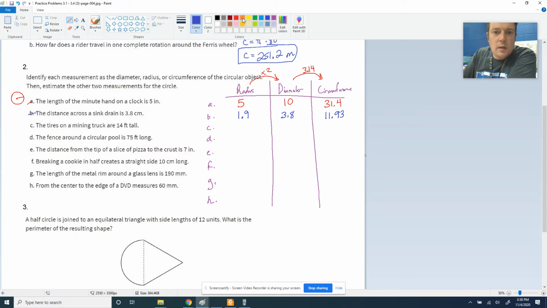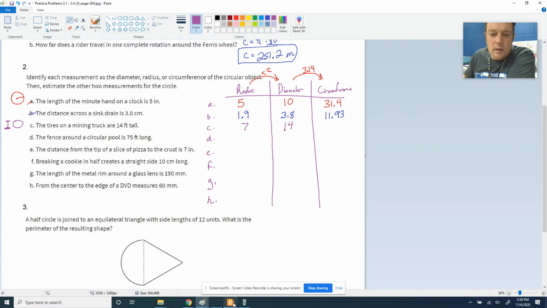B's done. New color. Let's go with the beautiful and the bold purple here. Tires on a mining truck are 14 feet tall. So here's a tire. Height would be another way to phrase the diameter. So this would be 14. Radius would be half of that.